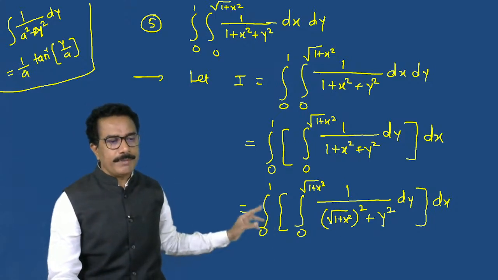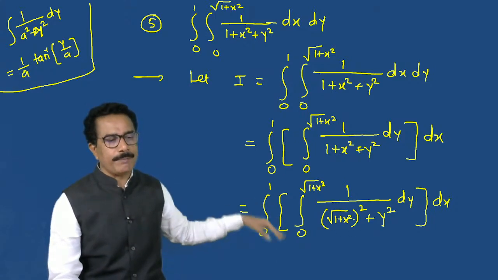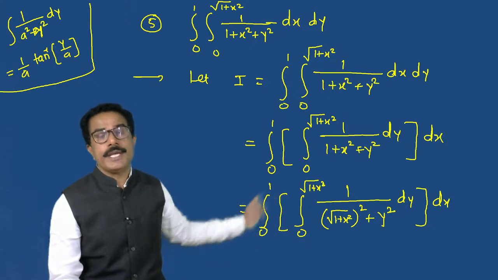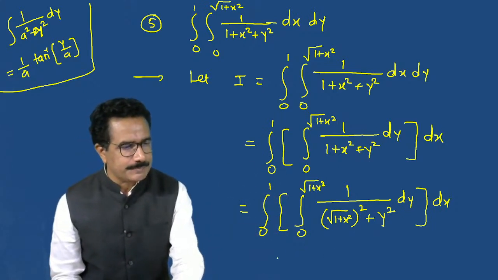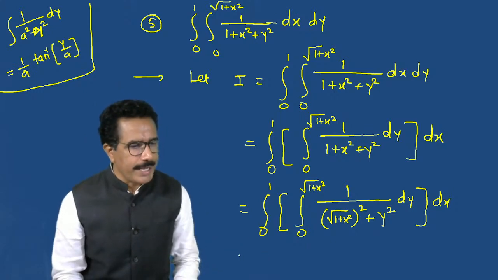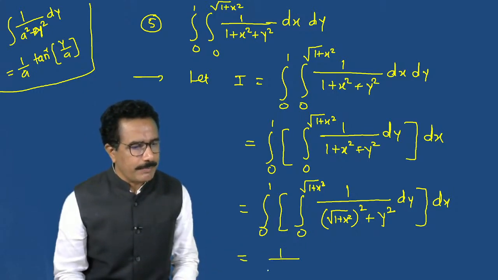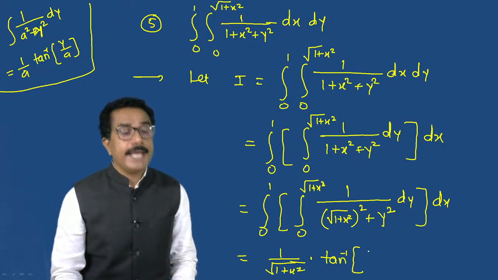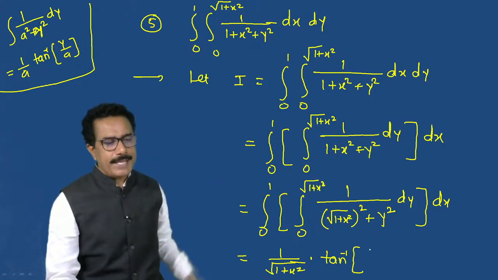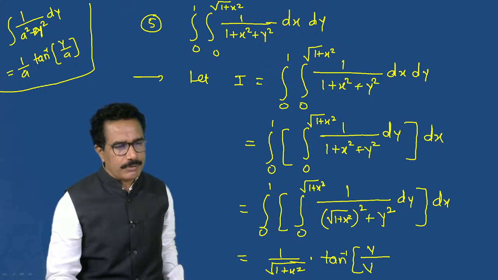Here a means root of 1 plus x square, so a square plus y square. So we can write this as 1 upon root of 1 plus x square into tan inverse of y by root of 1 plus x square.